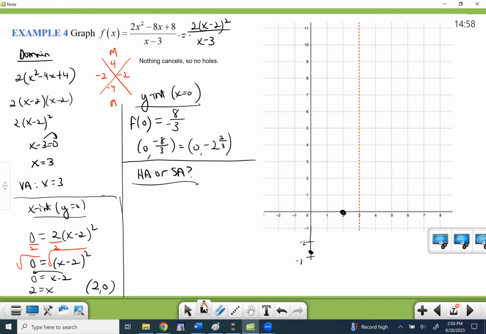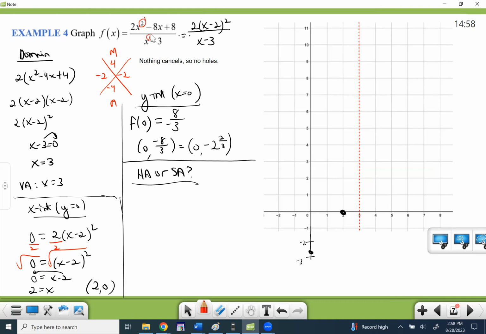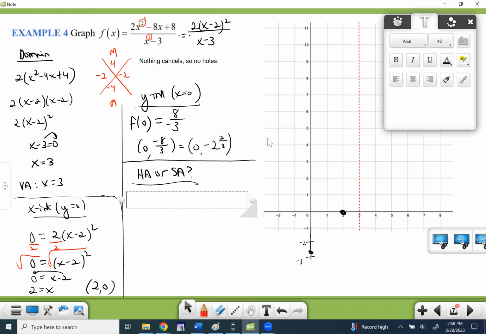Well, let's look at the degrees. Since the top is 1 degree higher, hopefully you remember and kind of pausing, hoping that you will. There is a slant asymptote or oblique.